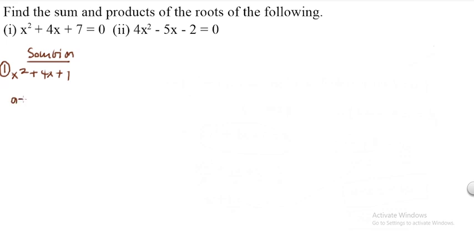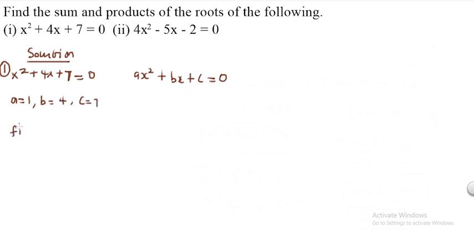So my value of a here is simply the coefficient of x squared. How do I know that? If I compare this equation with ax squared plus bx plus c is equal to 0. Now the coefficient of a here is 1. The coefficient of b here is equal to 4. The coefficient of c here is equal to 7.